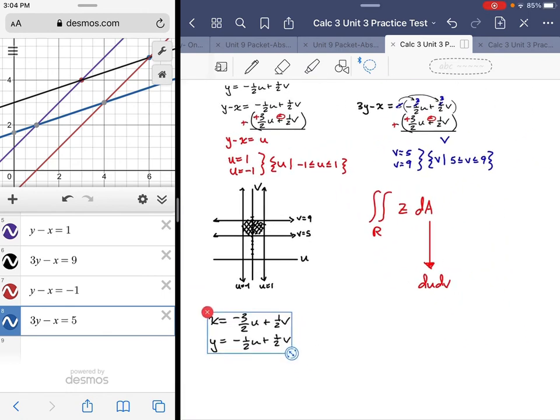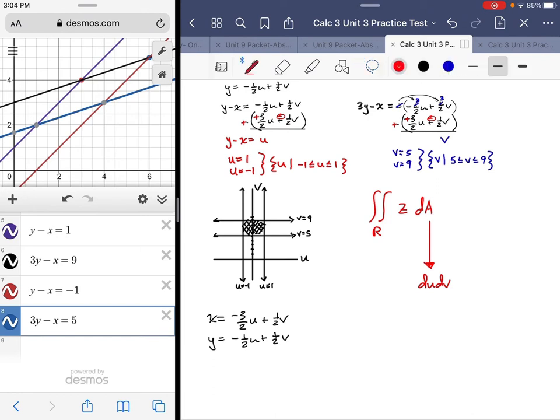So I'm going to rewrite my equations, x and y in terms of u and v, and we're going to look for the Jacobian determinant, but let's find the Jacobian matrix first, J sub f. So we're differentiating x with respect to u and with respect to v, and then doing the same thing with the y's.